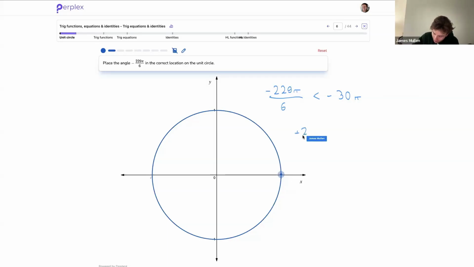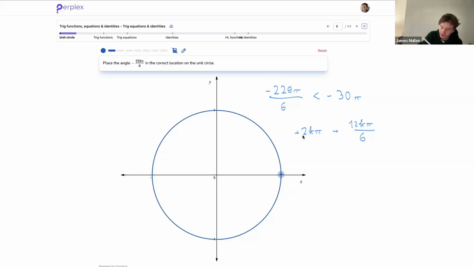So if I'm adding 2k pi, if I'm doing that over 6, it's the same as adding 12k pi over 6. All right, 12k pi over 6. And I'm going to add that to this as many times as I need to get an angle that I can recognize. Okay?